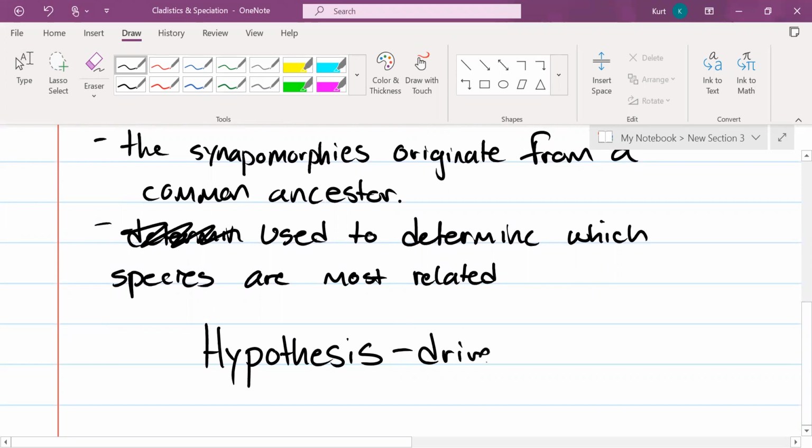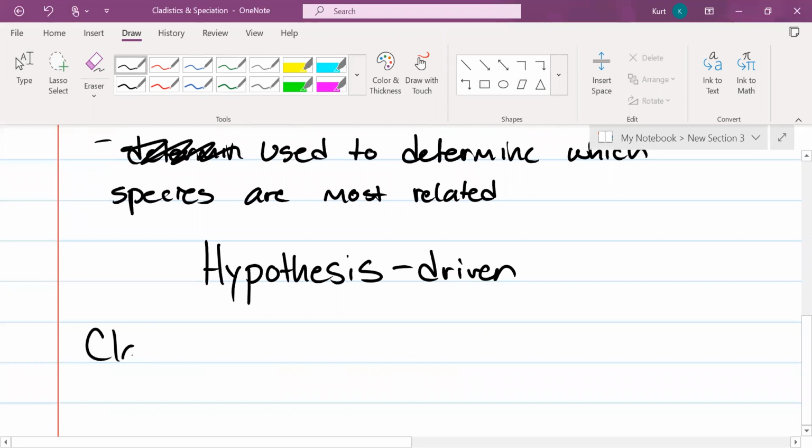than a phylogenetic tree, because phylogenetic trees use the fossil record, they use DNA, they use comparative embryology, all the evidence that we discuss when it comes to evolution. When it comes to cladograms, it's not as accurate. You're making hypotheticals as to how different members of a group are related to each other. You could be right, you could be wrong, okay? But the actual visual that you're going to form is called a cladogram.